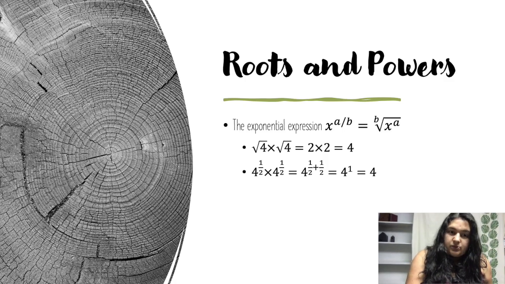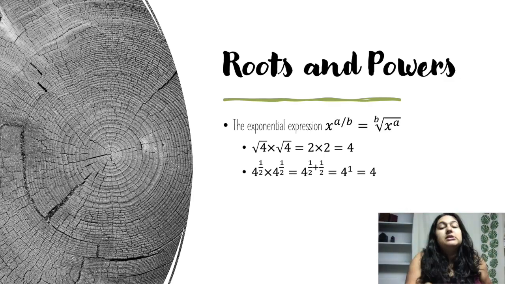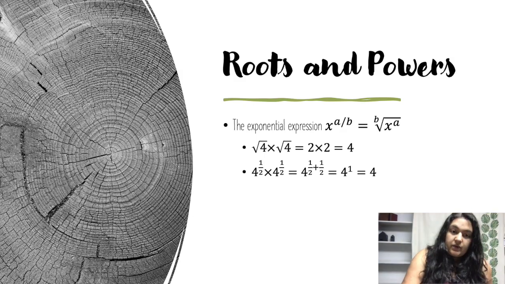If I'm following this rule, my 2, this is the second root, right? But we don't call it the second root, we just say the square root. And then I have the invisible 1 here with my 4. So I'm going to rewrite this as 4 to the 1/2 power. Okay, 1/2 just means the square root of. So 4 to the 1/2 power times 4 to the 1/2 power.